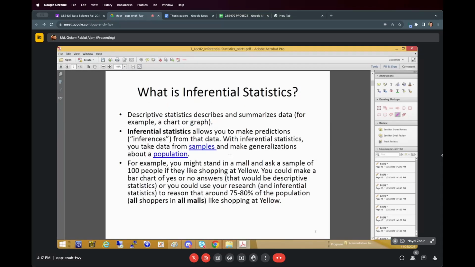The statistical approaches usually we divide into two types. One is called descriptive statistics, and another is called inferential statistics. In descriptive statistics, from the data we find the mean, standard deviation, skewness, or we can present those results in chart or graph forms.